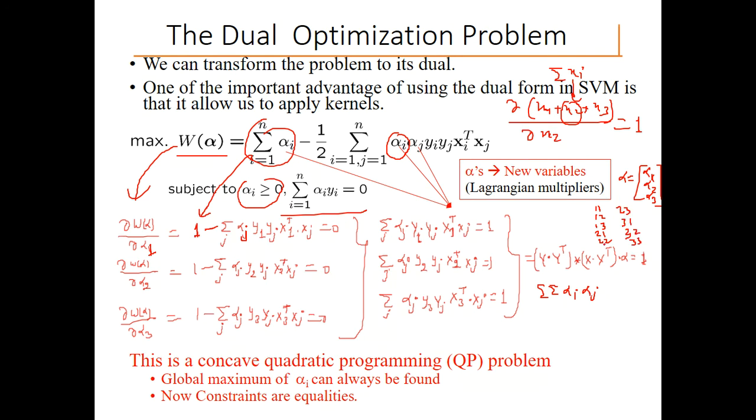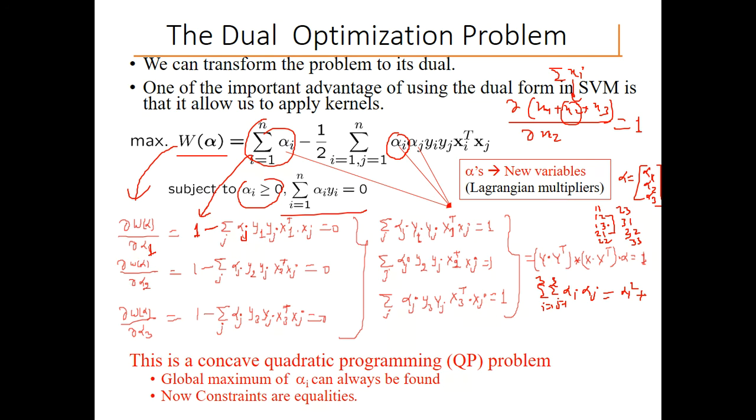Now here, once i is equal to 1, j is equal to 1, you will get alpha 1 into alpha 1, which is alpha 1 square, plus 1,2 and 2,1 are the same, 1 into 2 and 2 into 1.